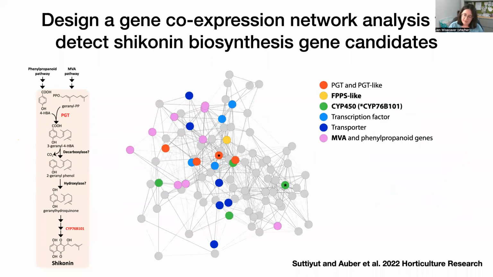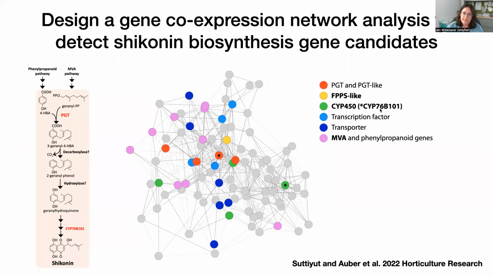Versus if we take those 14 RNA-seq samples and run them through the mutual ranks to modules workflow, you wind up with a module like this, where we pulled out all modules that contained the PGT gene of interest. Here you see that one shown with the red gene with the asterisk, and these other red genes are other PGT-like genes in that prenyltransferase gene family.